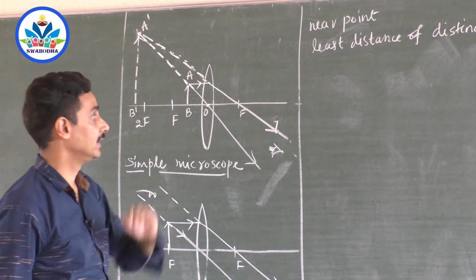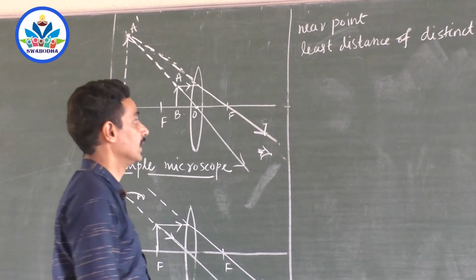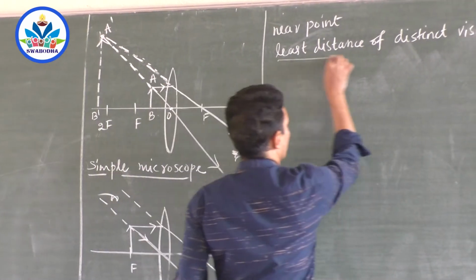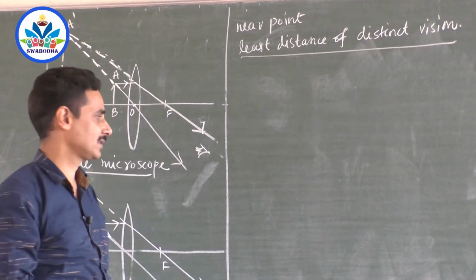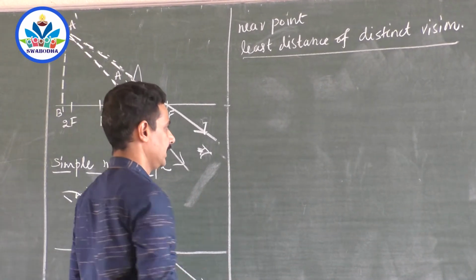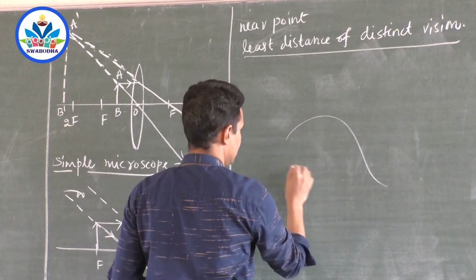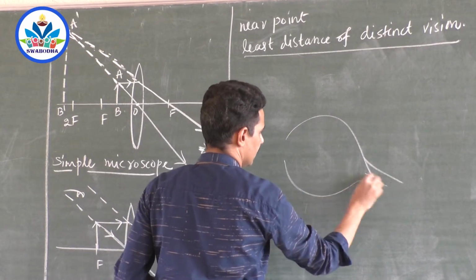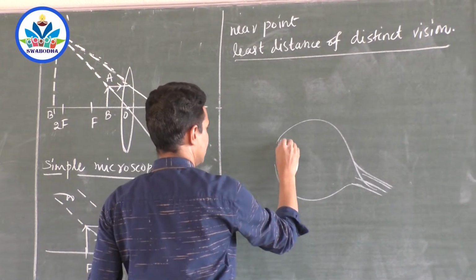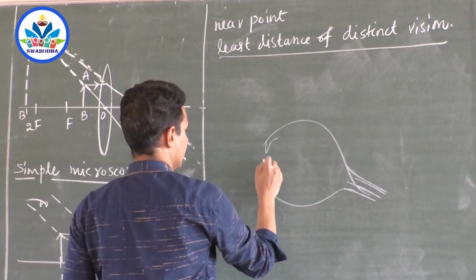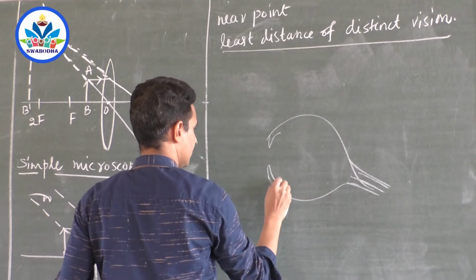Okay, what do you mean by least distance of distinct vision and what is the near point? Both are the same. When you bring an object very close to your eyes, the eye lens has the ability of adjusting itself for the formation of an image. The structure of the eye is such that, suppose this is the optic nerves which are going to the brain, and here are the ciliary muscles, right? And in between the ciliary muscles we have the eye lens.